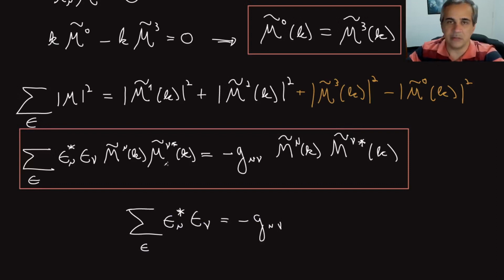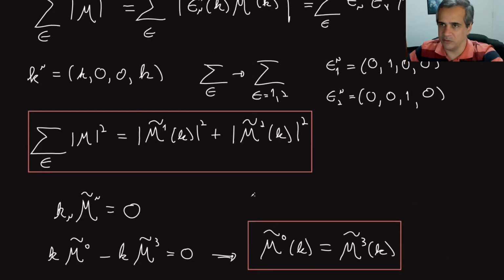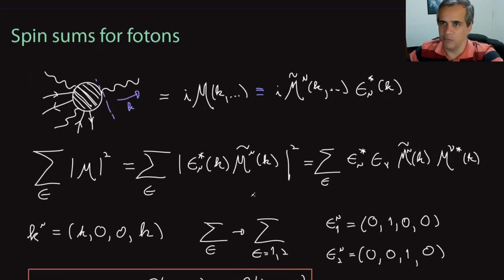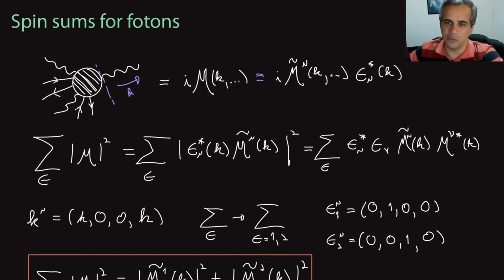But this equation right here is true. So you can safely substitute, in any calculation that you're doing, the sum over polarizations epsilon epsilon star by minus g mu nu, because in any calculation where you have photons, this is true for this photon, but it's also true for all these other photons. These photons are going to a QED vertex, and in there they will be contracted with the rest of the diagram.